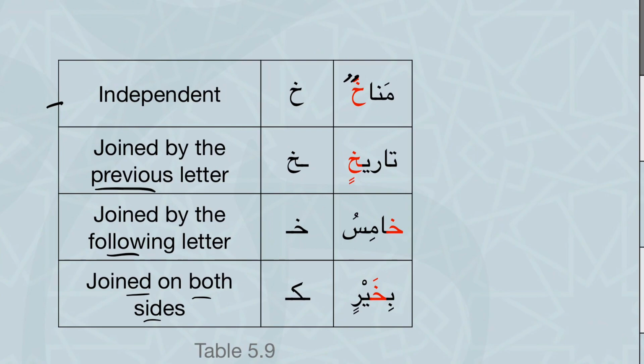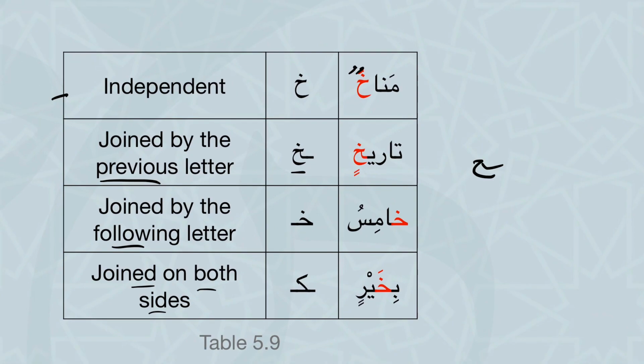This font is kind of doing it in a weird way, which can be unnecessarily finicky for learners. You can just write it like this, completely fine. Of course, you have to connect it a little bit. Or you can just attach the line to the hat of the kha.